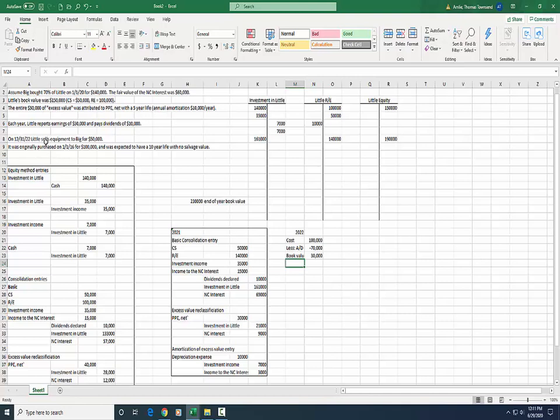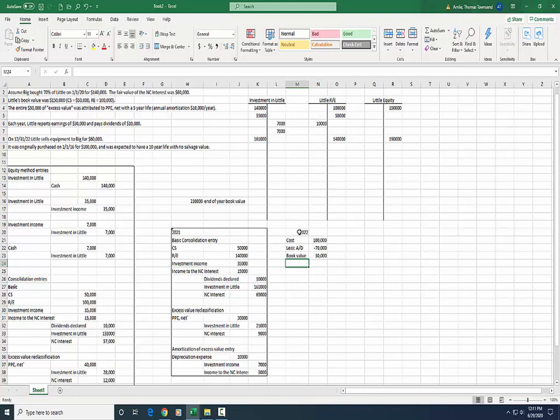Now, this was sold for $50,000, and that's going to give me an unpleasant, unround number. So if you don't mind, I'm going to change that to being sold for $60,000. Again, just because this will give us some nice round numbers to work with. Okay, so this property, plant, and equipment has a book value of $30,000.